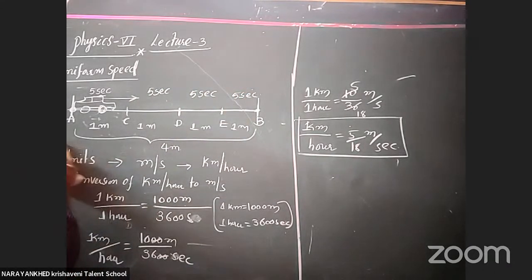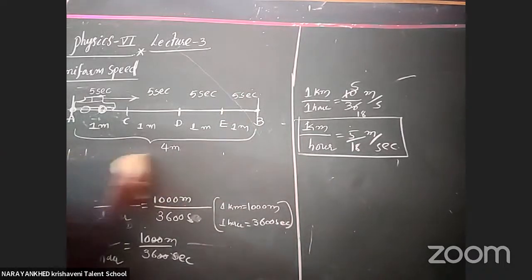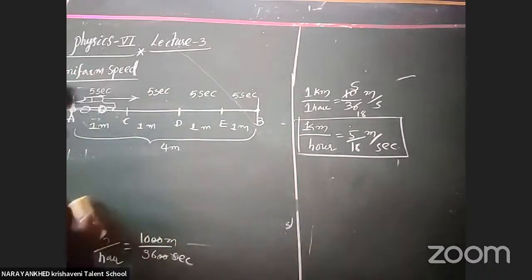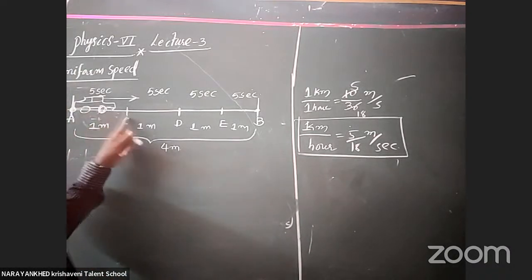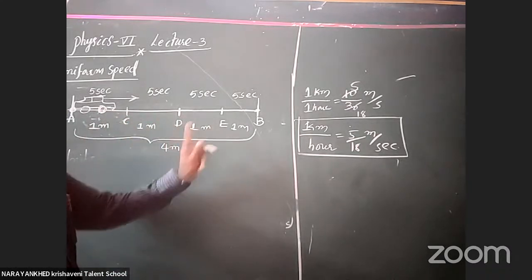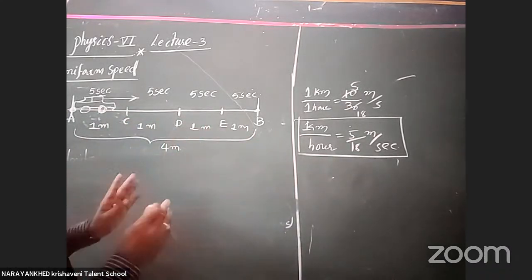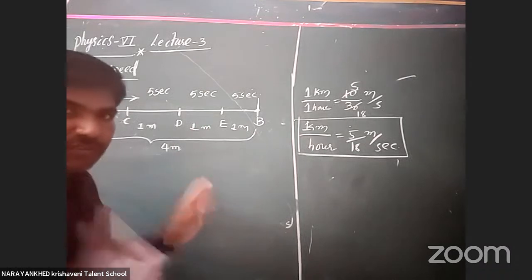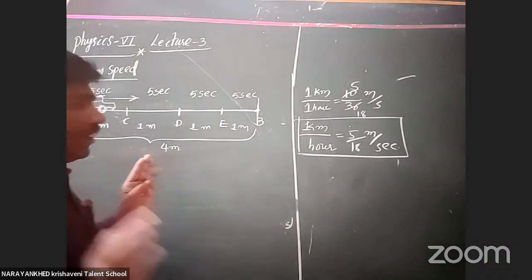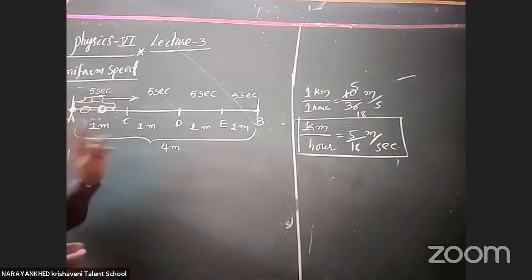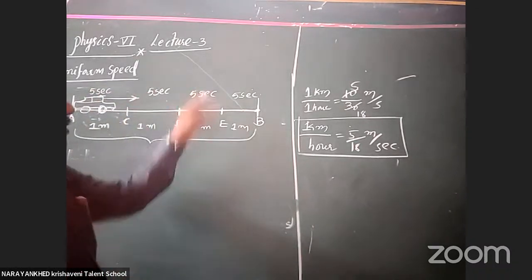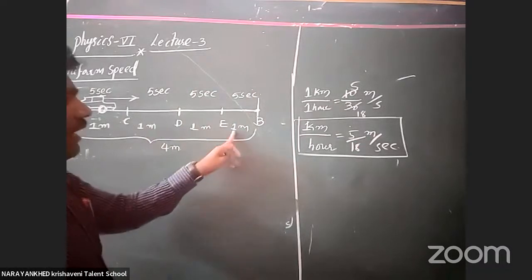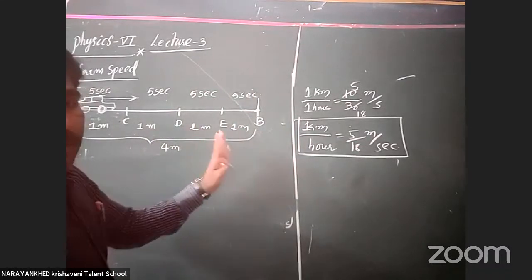Now check it once. Every time it travels equal distances, is it not? A to C, C to D, D to E, E to B, every time it travels equal distances in equal times, 5 seconds each, covering 1 meter.